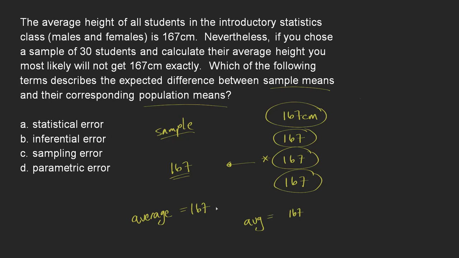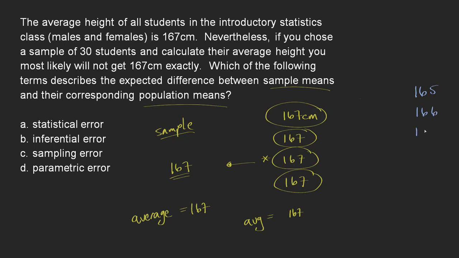That happens here very easily because every member of the population has the exact same height. But in reality, that's not going to happen very often. In reality, you'll probably get a population that's going to look something like this. Maybe somebody is just a little bit smaller than the average, so 165, and then there's another person who's a little bit smaller.